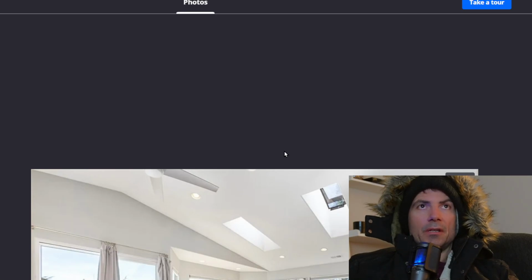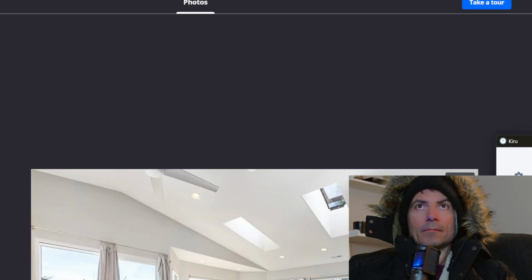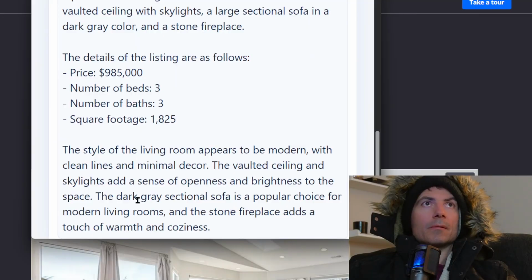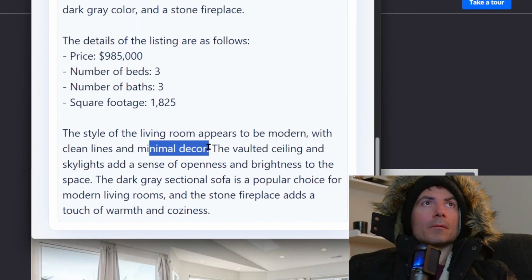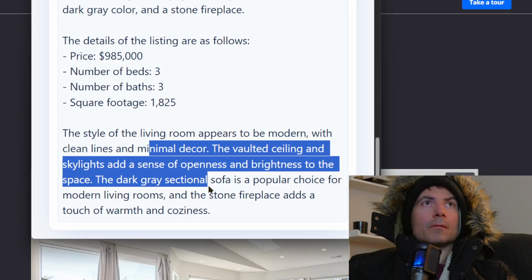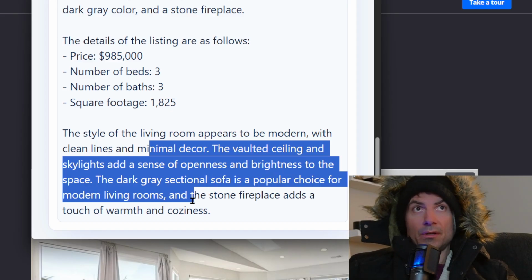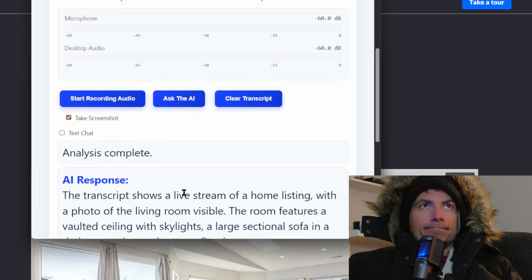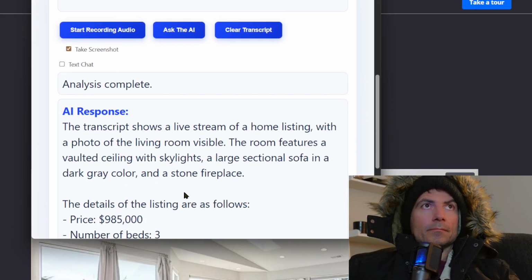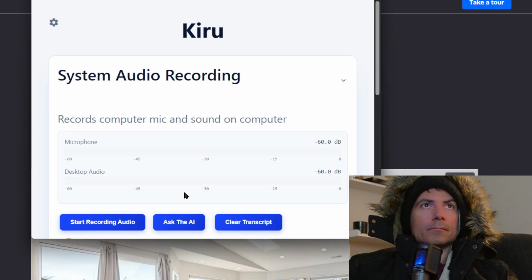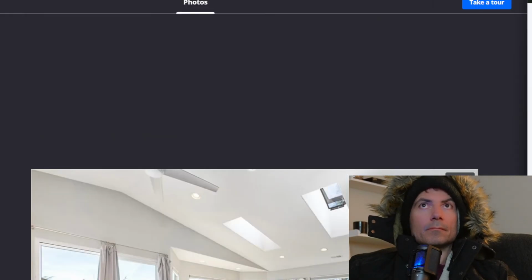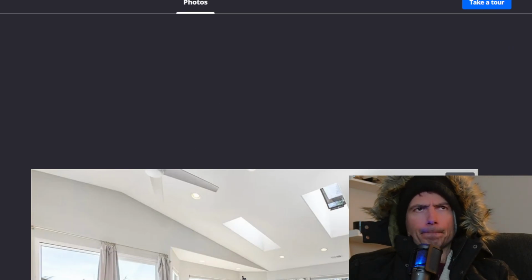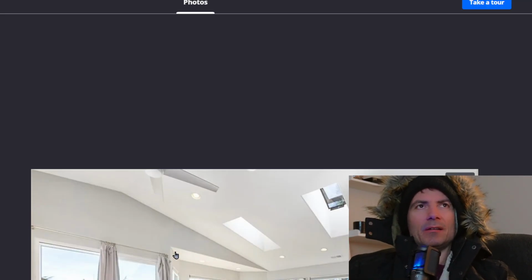Nice vaulted ceiling with the skylight. Dark sectional. I'm not always a fan of a vaulted ceiling.